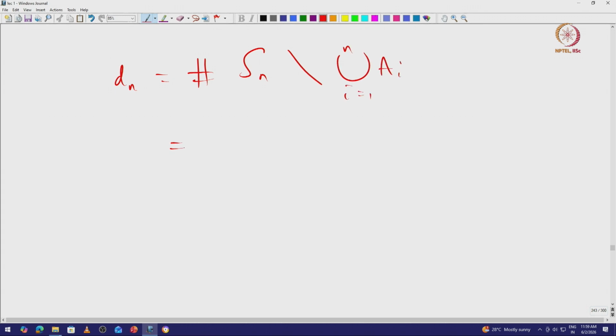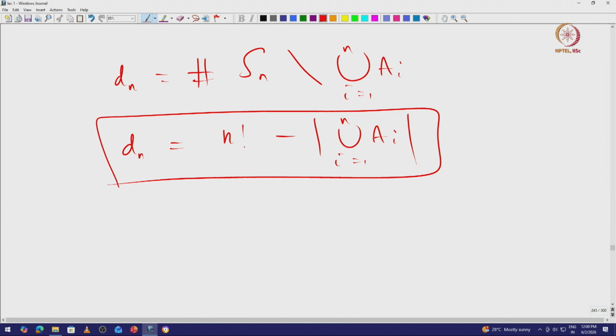Which means dn is n factorial minus the cardinality of this union of Ai. So, this is what we need to count. Let us count the union of Ai, and then see how one can write down the explicit formula for dn.